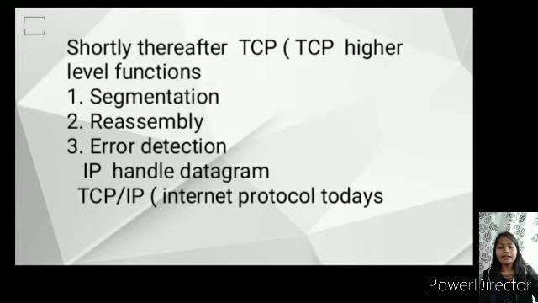IP handles datagrams. A datagram is a basic transfer unit associated with a packet-switched network. Datagrams are typically structured in header and payload sections. Datagrams also provide a connectionless communication service across packet-switched networks. Then, what is TCP/IP?